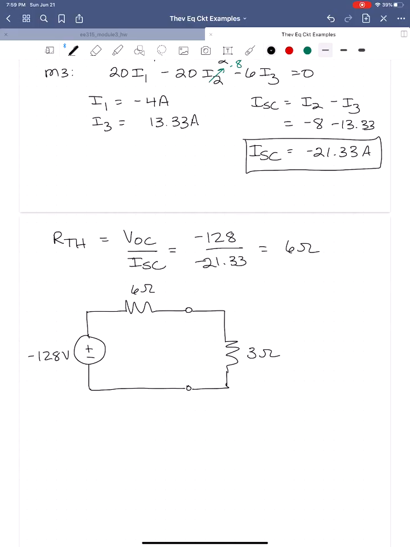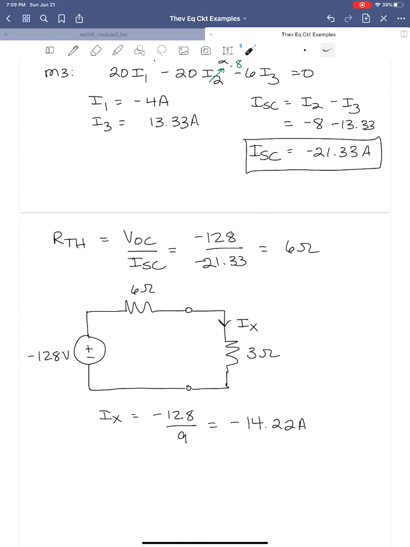Okay, and we were solving for this current here, IX. IX is going to equal minus 128 divided by 9. And so IX is going to be minus 14.22 amps.